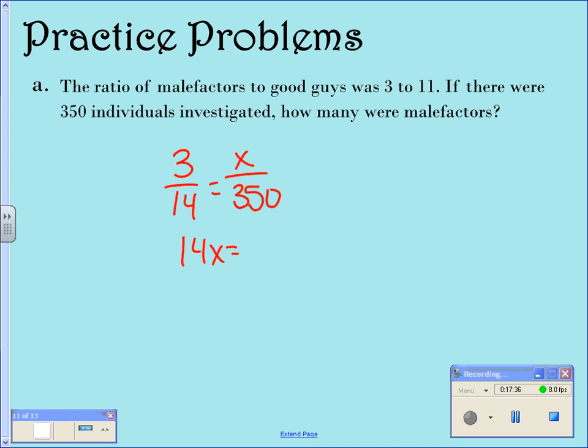250 times 3, so 1050. X equals what? Do y'all agree? Does that make sense? Any questions on this?